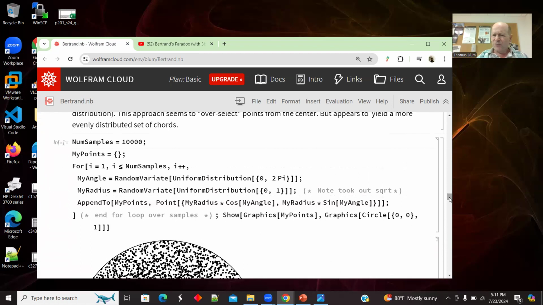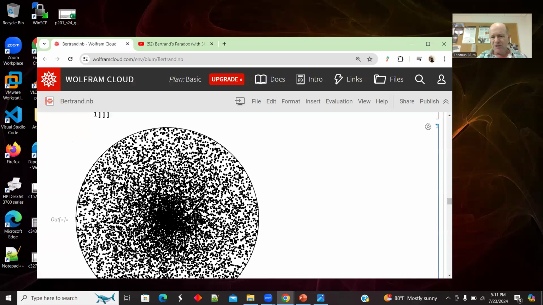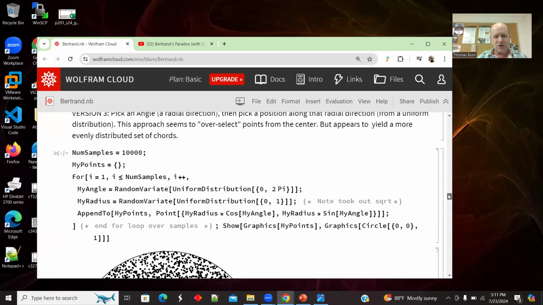So it's very much like the previous one, except we're choosing our points differently. If I were just using this to choose points, you see it's far too dense in the middle. Let's try to say what I'm doing again. I am picking an angle that gives me a direction of my chord, and then I'm picking a position along the radius for this chord, and we're saying we're going to do that uniform, and we don't have the square root here.